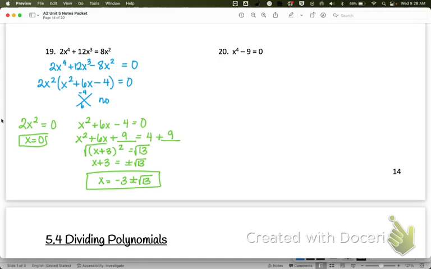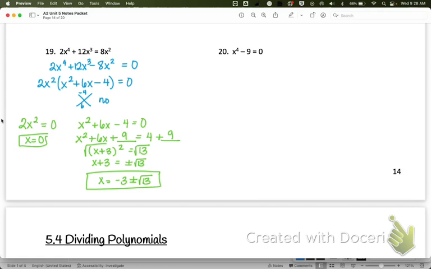Okay. Number 20 is already equal to 0. There is no GCF, so now we need to look. How many terms does this have? It has 2. So we need to check, is it a difference of squares, difference of cubes, or a sum of cubes?